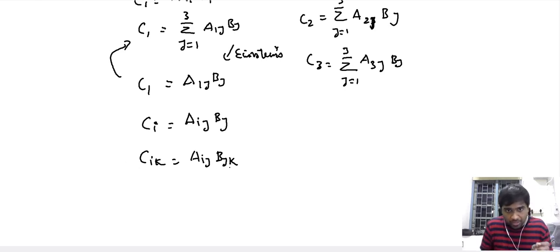So here you have two elements of the matrix that you are multiplying, and each of these two elements has one dummy index associated with it. So when you remove that dummy index, you are left with i and k, and that is the index associated with the product element. The same way, you have identified j as the dummy index. When you remove it, you are left with i and k. In the same way here, you have the dummy index.